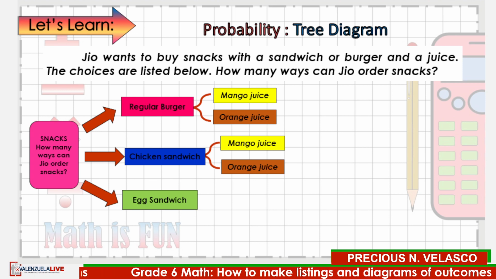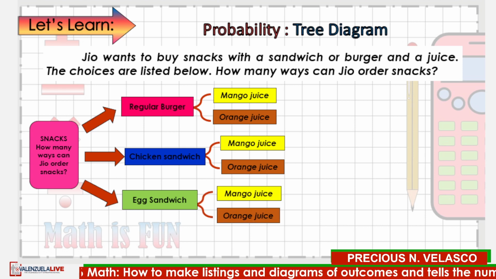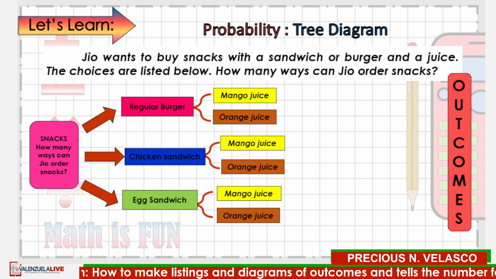And for the egg sandwich, he can also choose between the two, the mango or the orange juice. So these are the possible outcomes of the snacks he can buy, or ways Gio can order snacks.